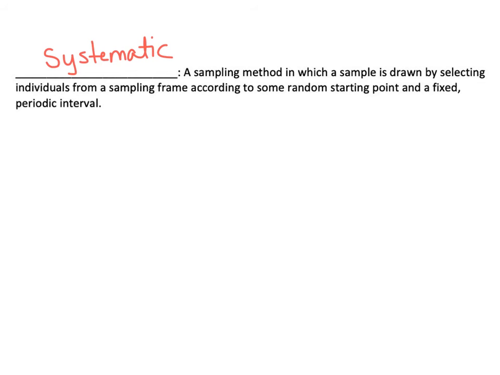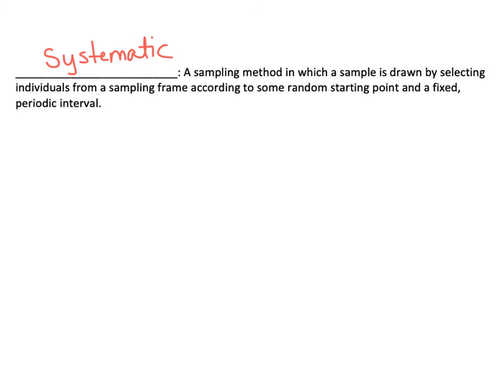So I use a random number generator, and let's say it produces the value 8. And I stand at the front door in the morning and I ask the 8th student who he thinks will win the next election. And then I ask every 10th person who walks through the door after that.